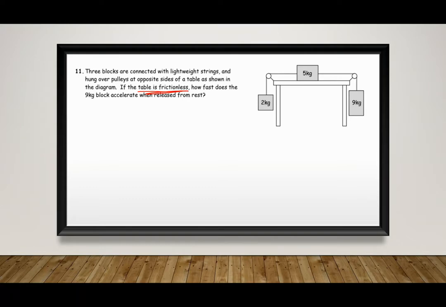So we have to look at all of our systems. Well, look at our free body diagrams. Here we have our tension, and I'm going to call this tension 1. And we have our weight of our 9 kilogram block.